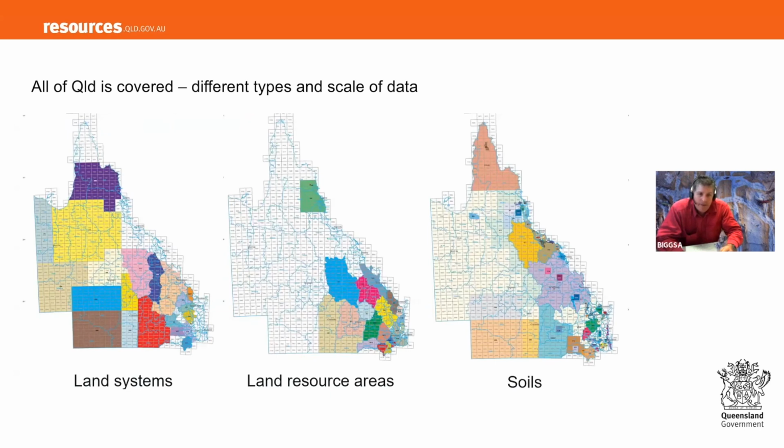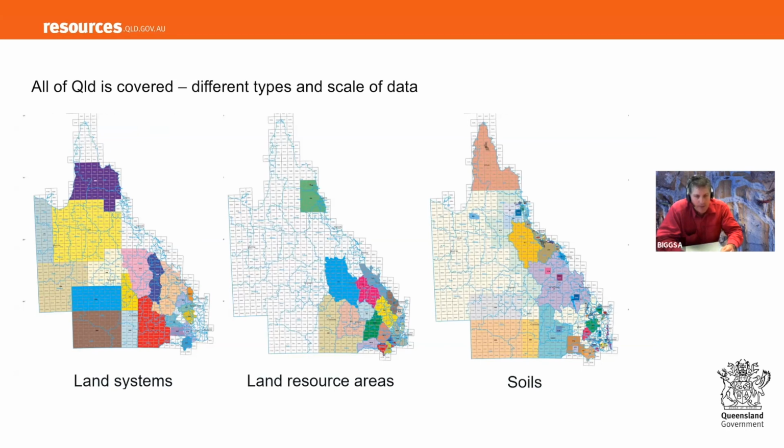That's roughly the coverage. So as you can see, the land systems cover pretty much all of the inland areas. Soils mapping only really covers the main cropping areas and it skips big chunks of that even. The one in the middle there, land resource areas, that's kind of like land systems.